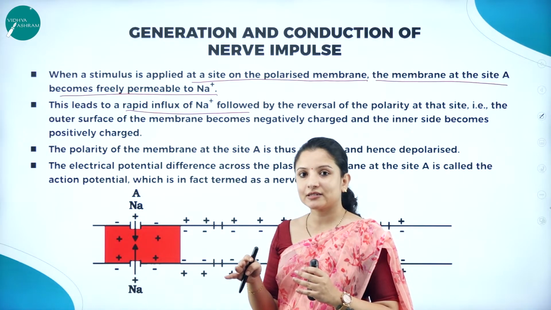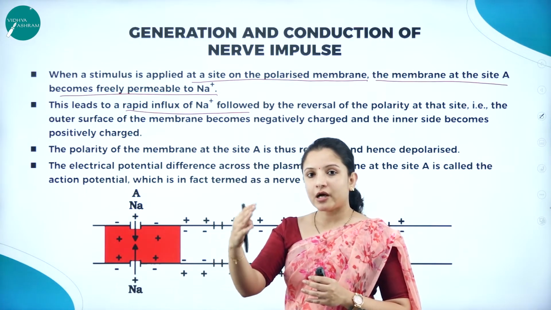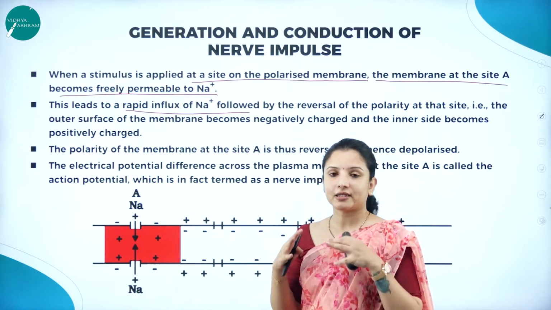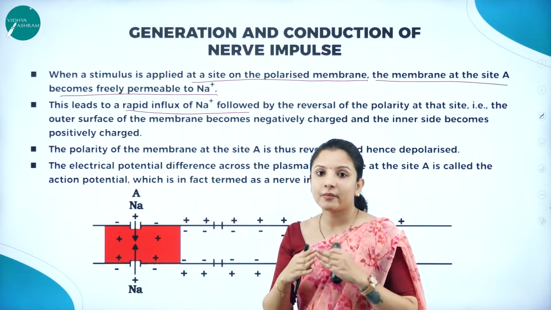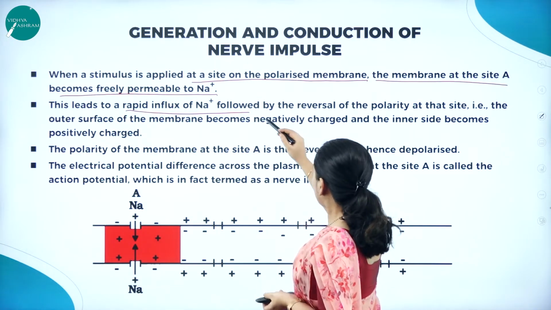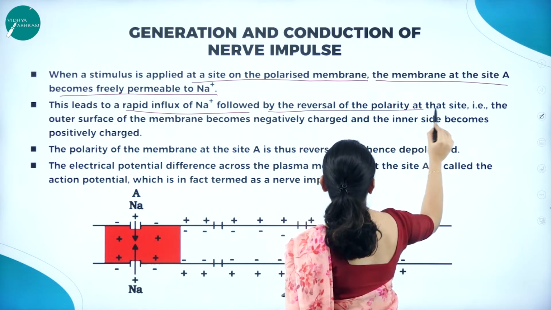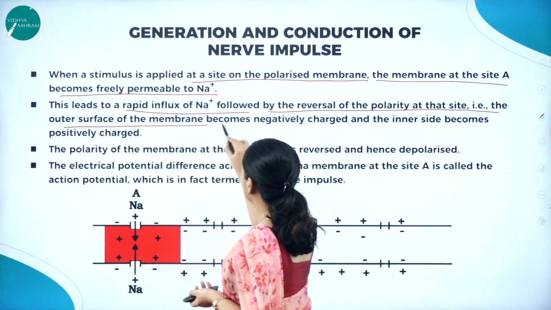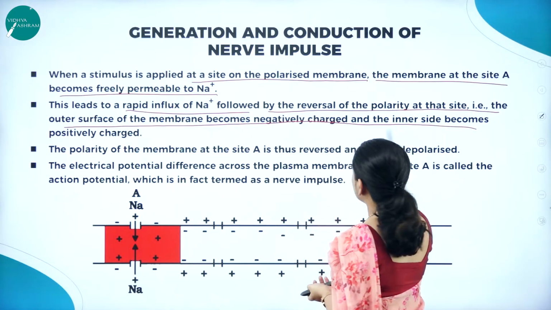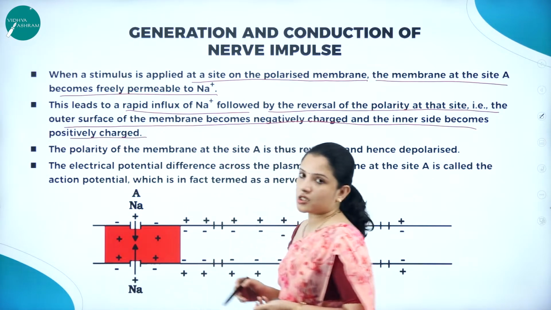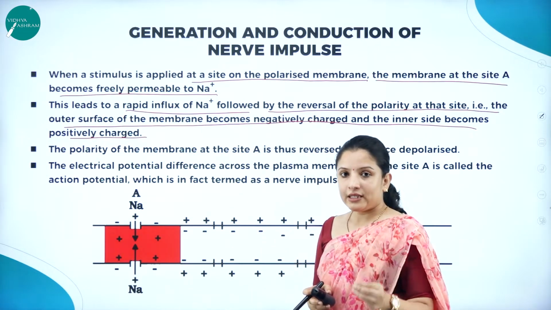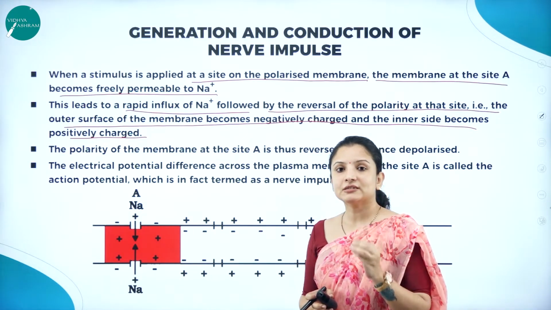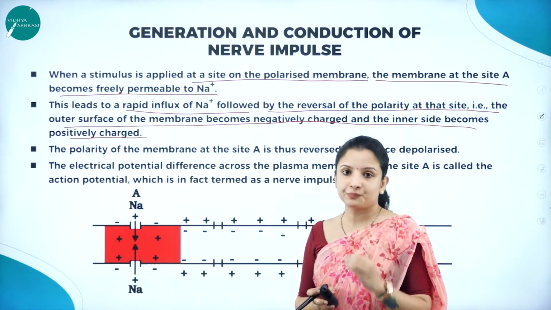When it is in an excited state, what happens? Potassium ions will move out, and sodium ions will start to enter the axon, that is, the axoplasm. Now, sodium ions are filling, and it is followed by the reversal of polarity at the site, that is, the outer surface of the membrane now becomes negatively charged and the inner side becomes positively charged. So you need to remember this: in a resting state, the axon is always polarized.